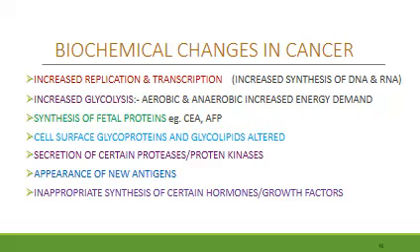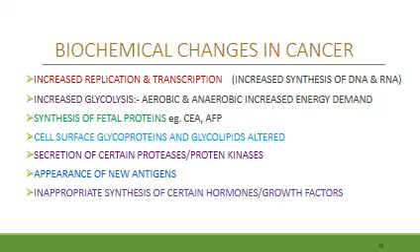There is synthesis of fetal proteins like carcinoembryonic antigen and AFP, and they form, as you know, very important tumor markers. The cell surface glycoproteins and glycolipids are altered. Then we can see secretion of certain proteases and protein kinases. Protein kinase is an important oncogenic product which can be detected, like tyrosine kinase.